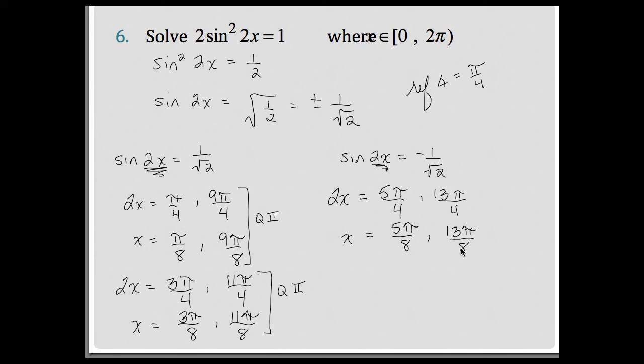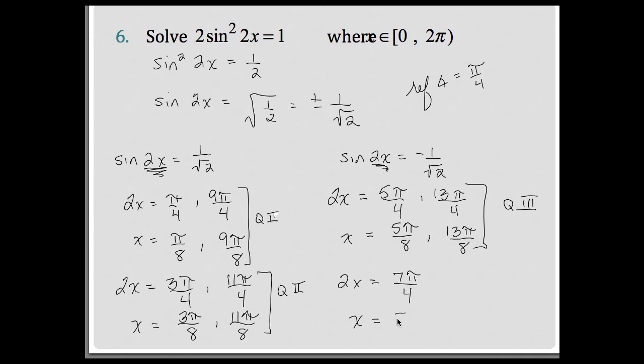And the reason you're having to do this is because, again, remember what you're trying to find. You're trying to find all values of x in between 0 and 2 pi where this relationship will work out. So these are the answers from being in the third quadrant with your angle. All right, so now we got the fourth quadrant. So using that pi over 4 as your reference angle, going into the fourth quadrant, that's 7 pi over 4.